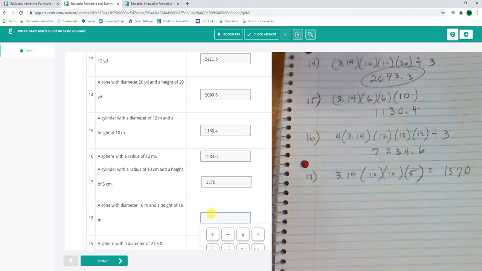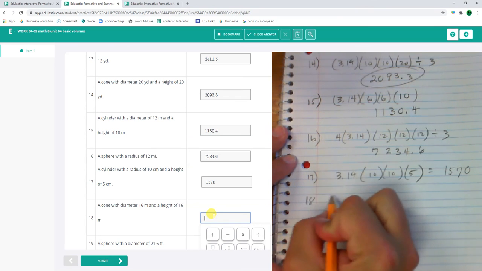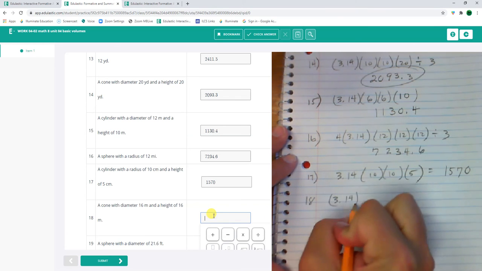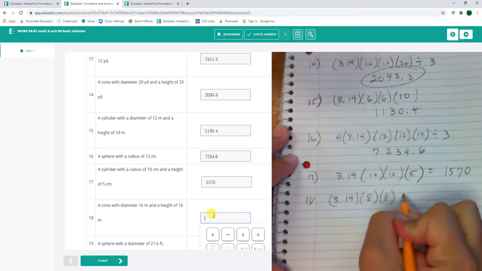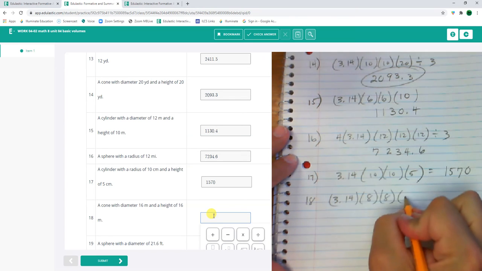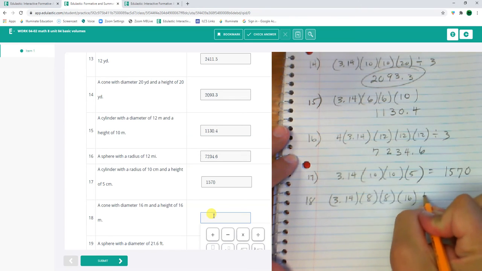A cone with a diameter of 16, which means the radius is 8. So 3.14, radius, height of 16 divided by 3.